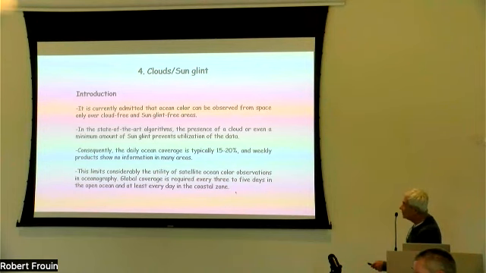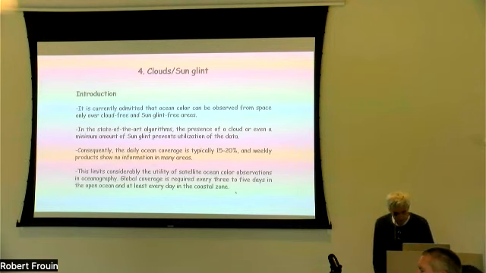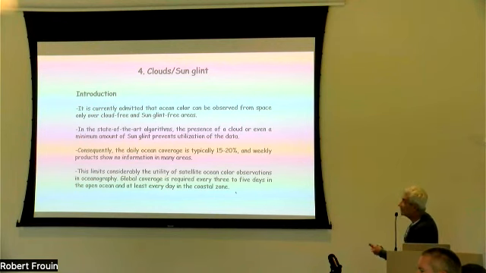So this limits the utility of satellite ocean color observations. You need typically global coverage every 3 to 5 days in the open ocean, and at least every day in the coastal zone, for some scientific applications. So that's basically the status.